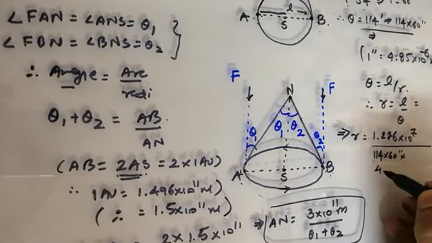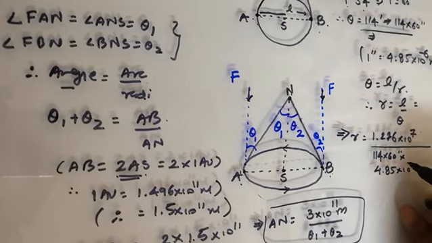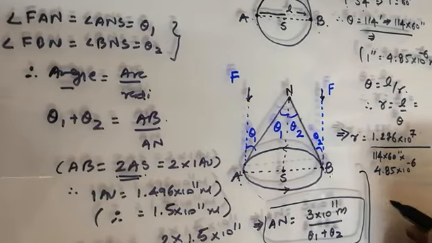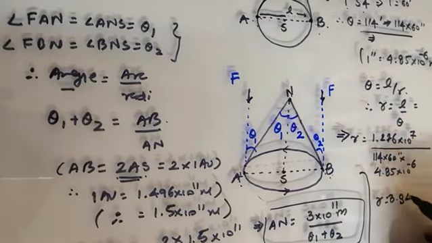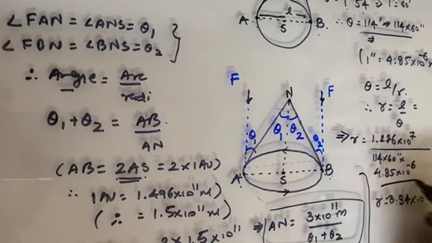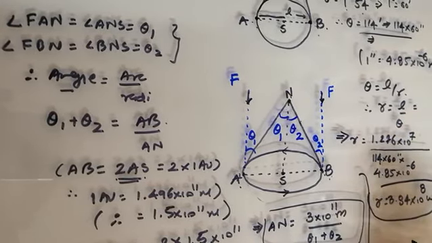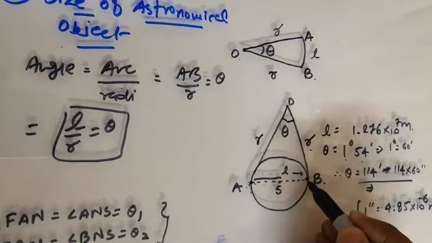So I get my value of R as 3.84 × 10^8 meters.